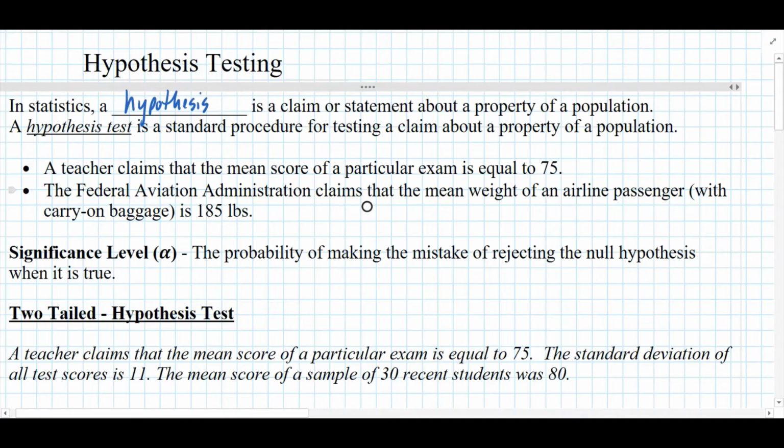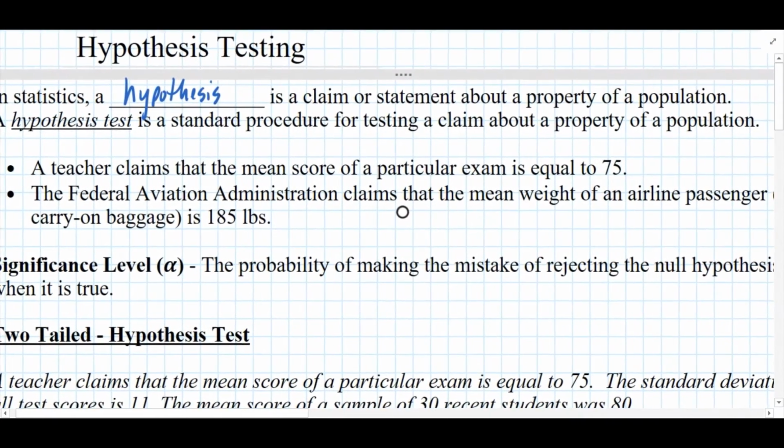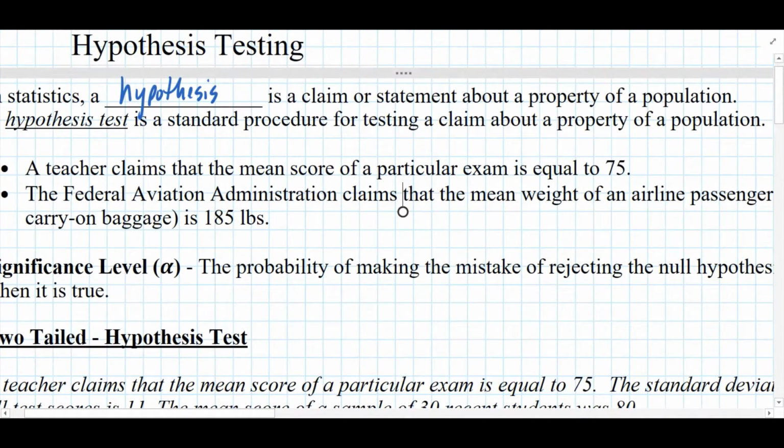Here are two claims about populations that might be difficult to verify if we cannot measure each member of the entire population. The first is that a teacher claims that the mean score of a particular exam is equal to 75, which might be important to confirm the validity of a testing method.